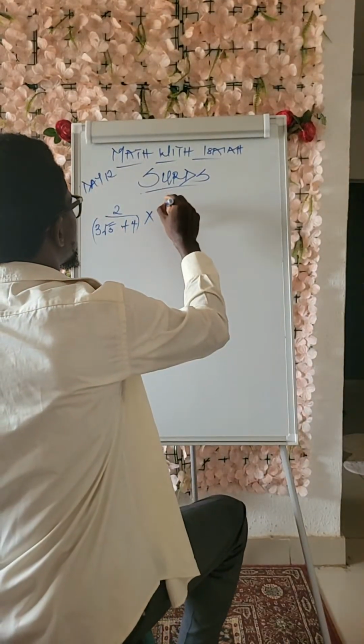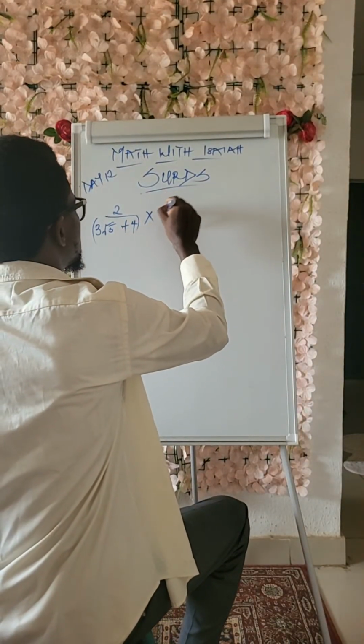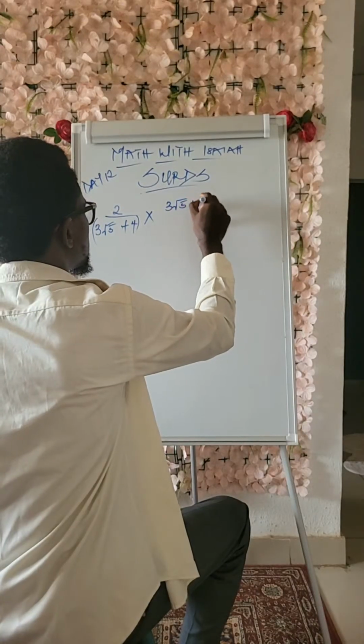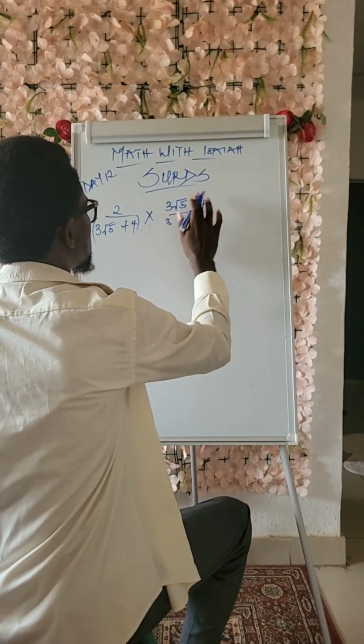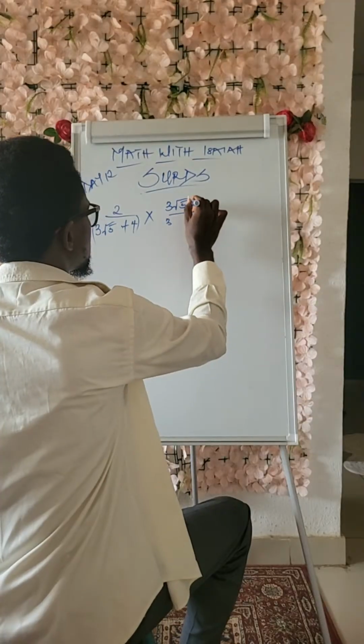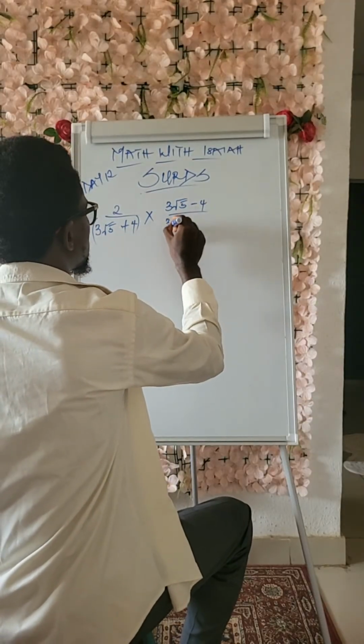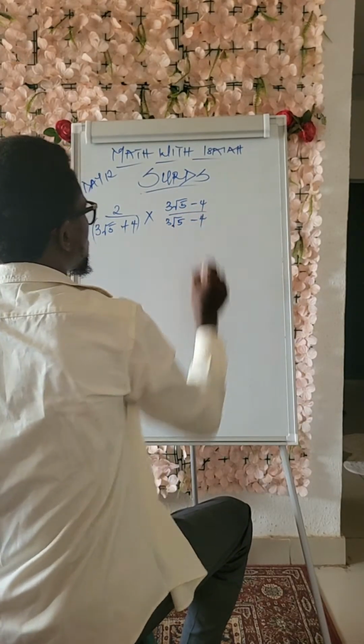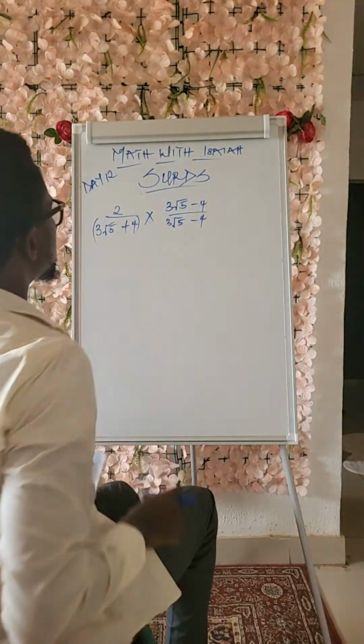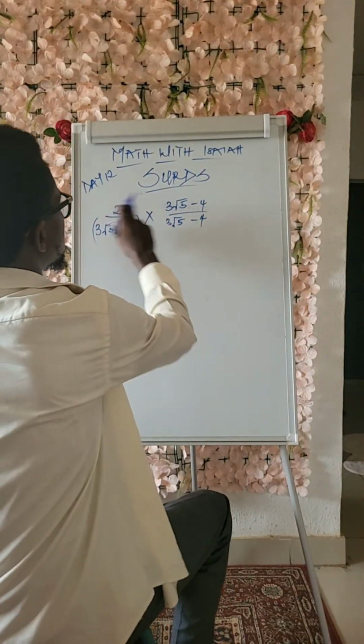So we multiply by 3 root 5 minus 4 over 3 root 5 minus 4.